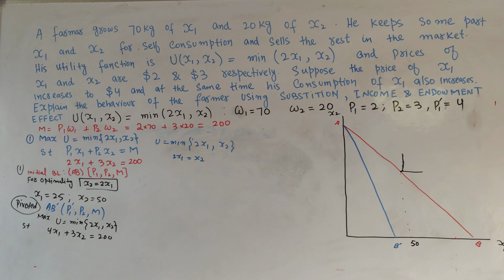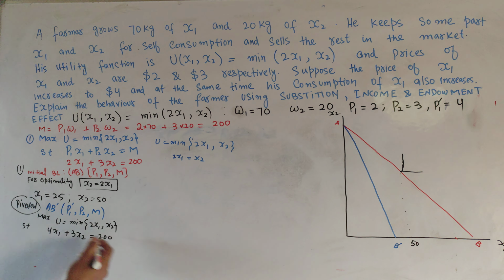Now plug the value of x2 is equal to 2x1 in this equation. So we have 4x1 plus 3 times 2x1 is equal to 200. That gives us 4x1 plus 6x1 is equal to 200.